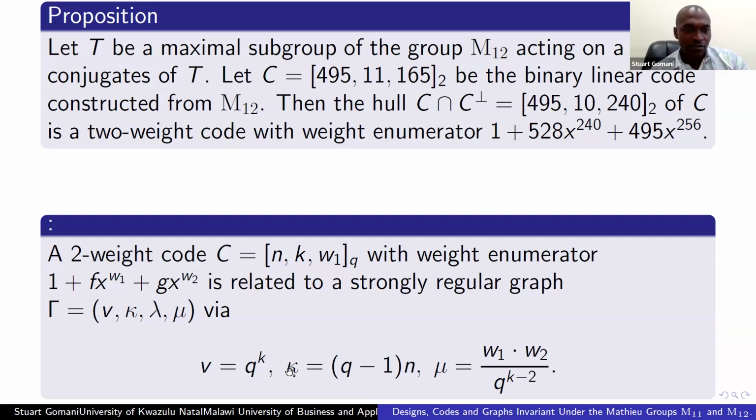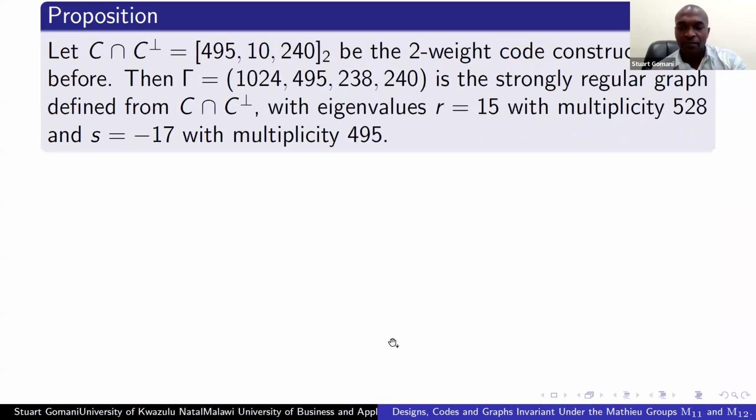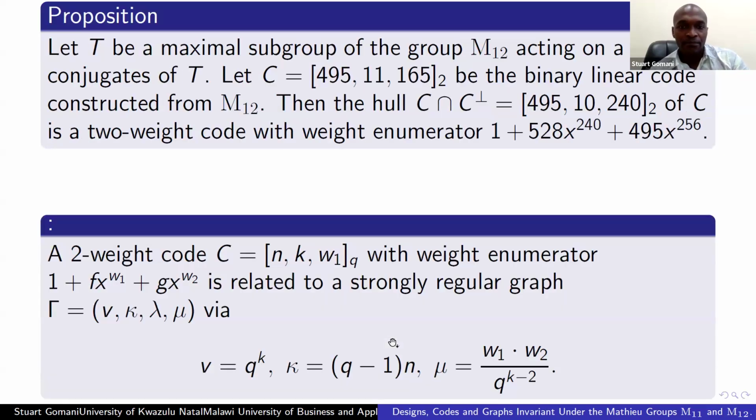The variance of the graph is related to these variables of our code, where Q is the number of elements in the finite field where this code is defined.